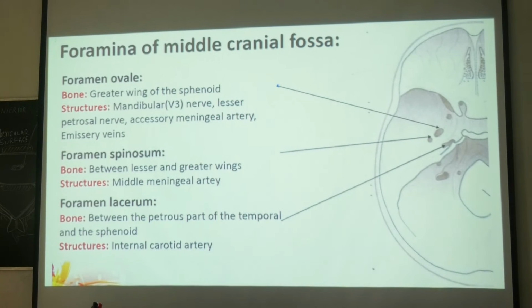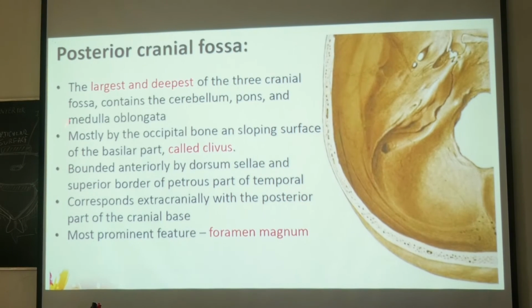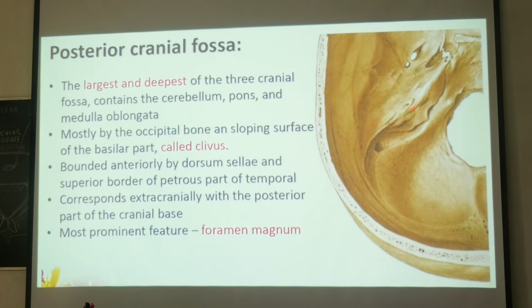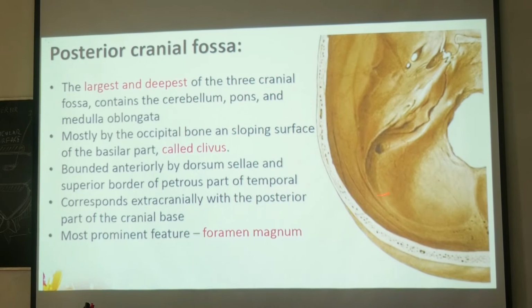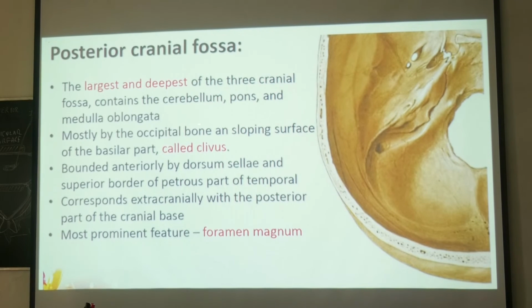Next we go to the posterior cranial fossa. It is the largest and deepest of the 3 cranial fossae. This is the petrous part of the temporal bone, and from here the whole part is the posterior cranial fossa. It contains the cerebellum. This depression is for the cerebellum, pons and medulla oblongata.